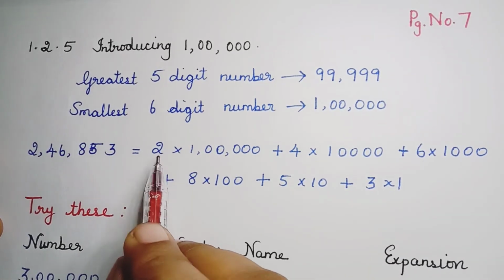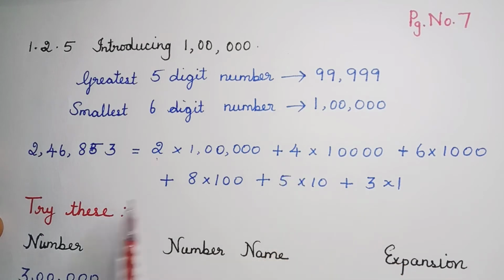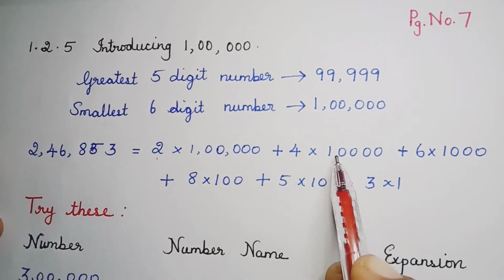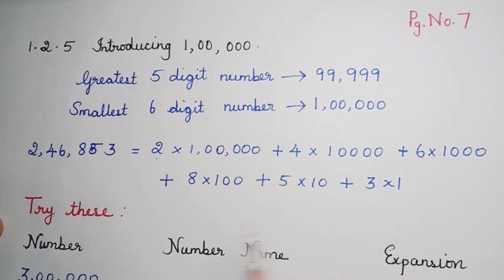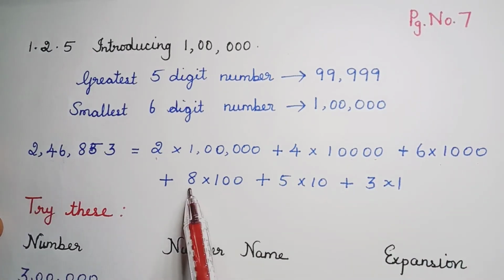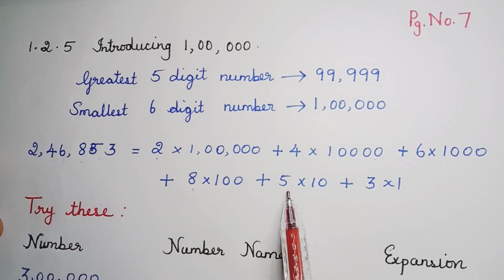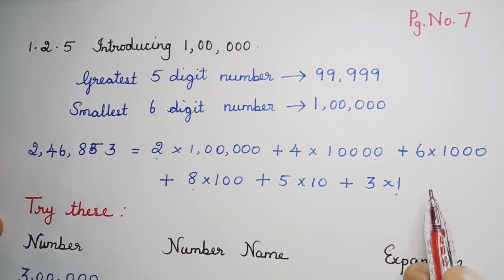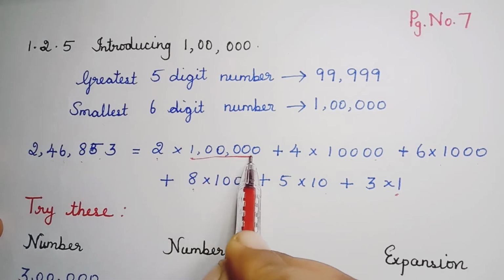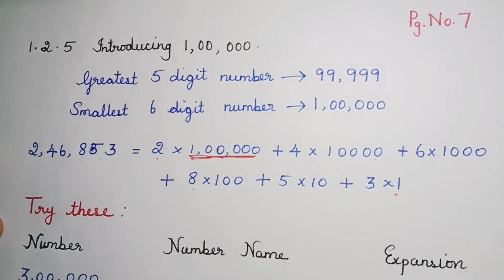So 2 into 1 lakh plus 4 into 10,000 plus 6 into 1000. This is the thousands place. And 8 into 100 plus 5 into 10 plus 3. This is the way you have to expand the same pattern, but for 1 lakh. This is an example.